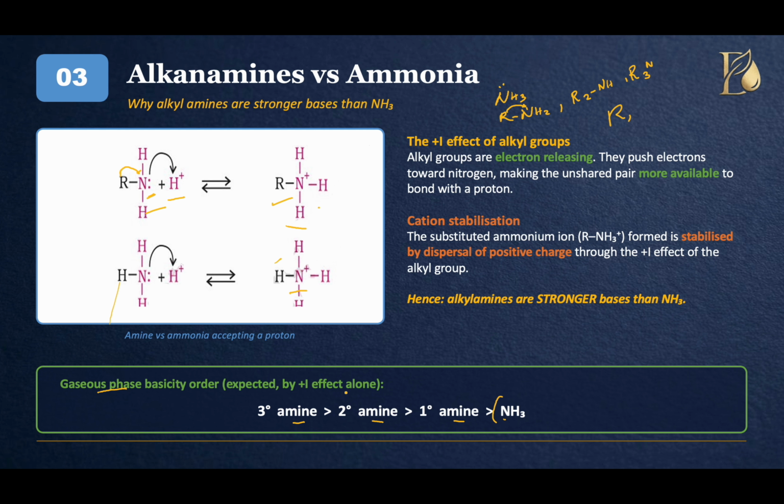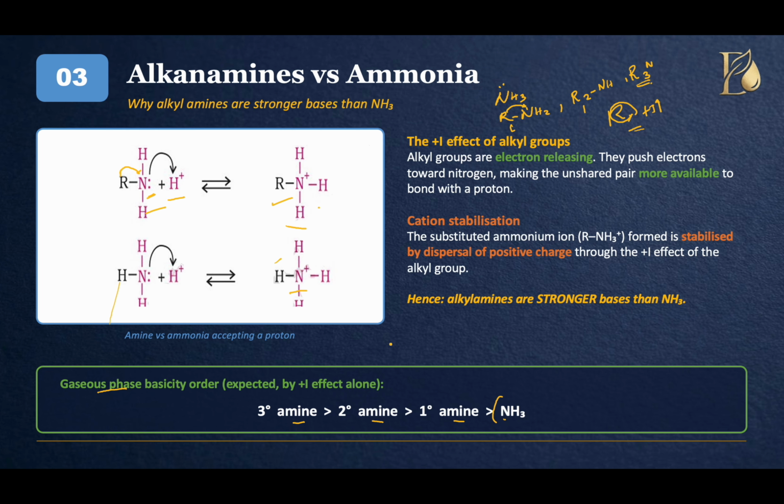In primary amines, there is only one alkyl group, in secondary amines there are two alkyl groups, and in tertiary amines there are three alkyl groups. As the number of alkyl groups increases, the plus I effect also increases. The plus I effect from three alkyl groups will increase the electron density on the nitrogen atom, so the basicity will also increase.